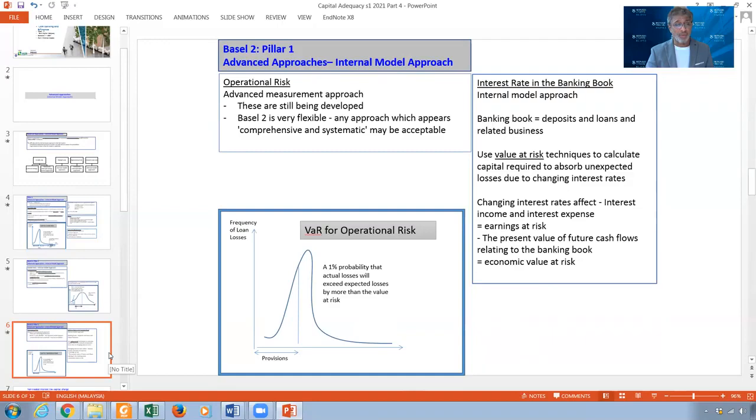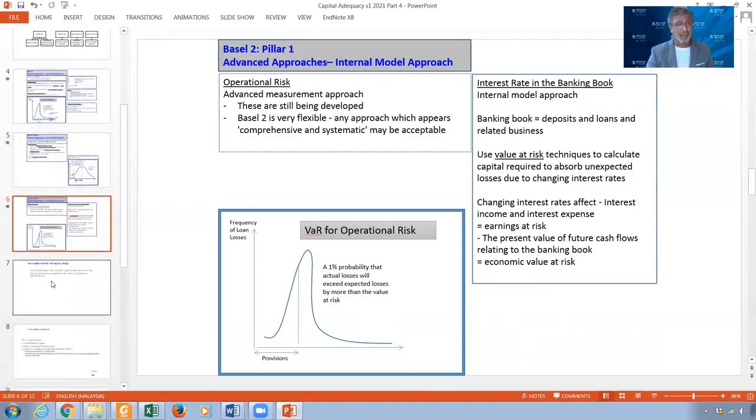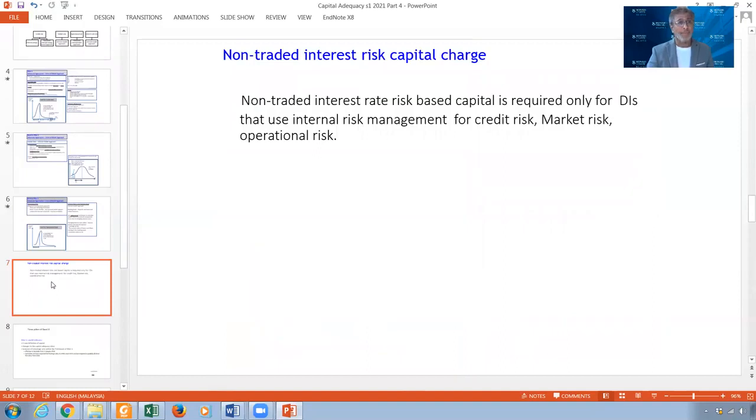As you can see, all of this needs data and expertise, and big banks can do that. So we also have non-traded interest rate risk charges, non-traded interest rate risk-based capital, which is for the assets in the banking book.